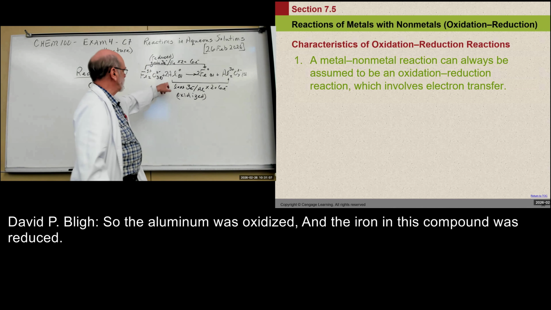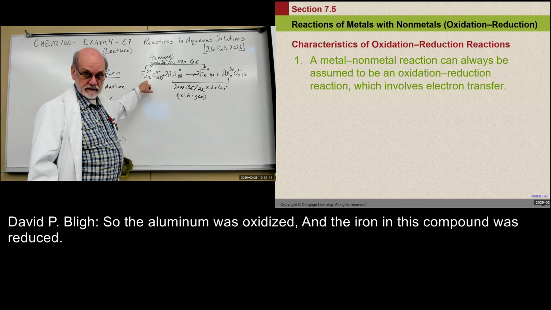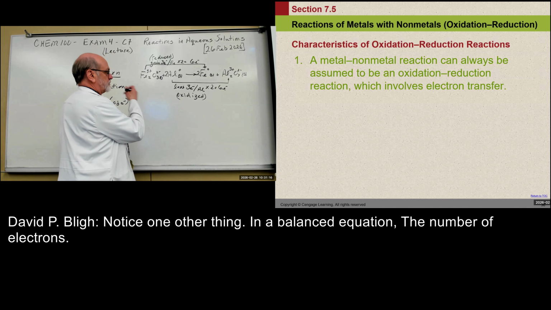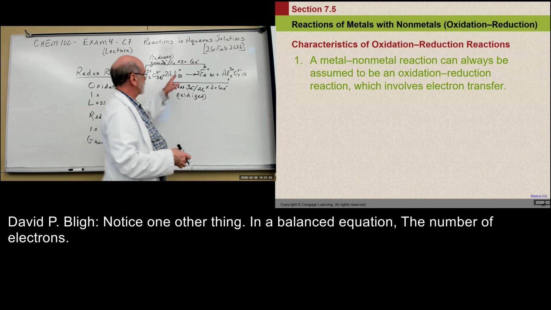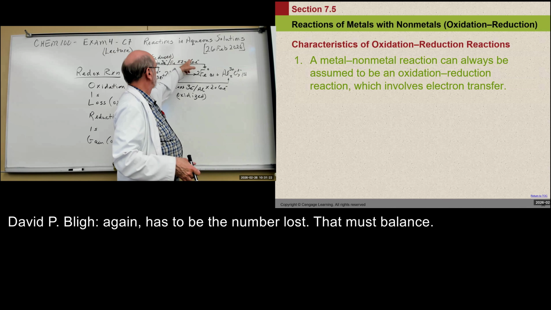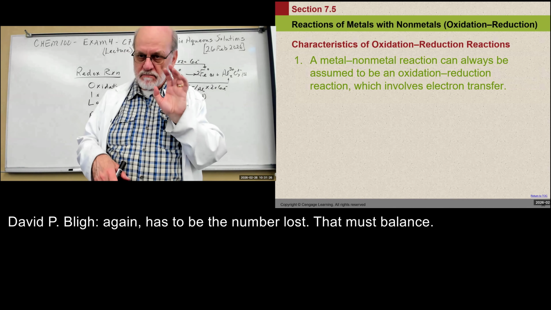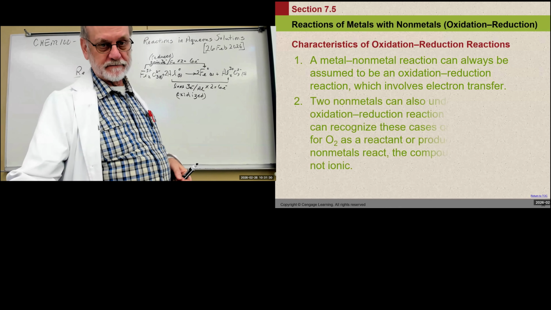So the aluminum was oxidized and the iron in this compound was reduced. Notice one other thing. In a balanced equation, the number of electrons gained has to be the number lost. That must balance, or your equation is not balanced.